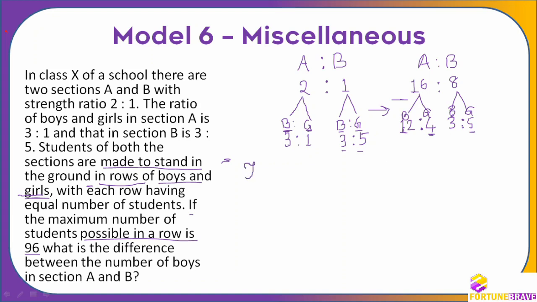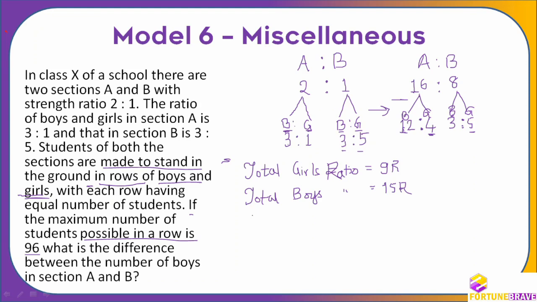I'll write it here so that it is very clear. Girls ratio only. Because it is all the same, the number has to be the same too: 9 ratio. And total boys ratio is how much? 12 plus 3 is 15 ratio.